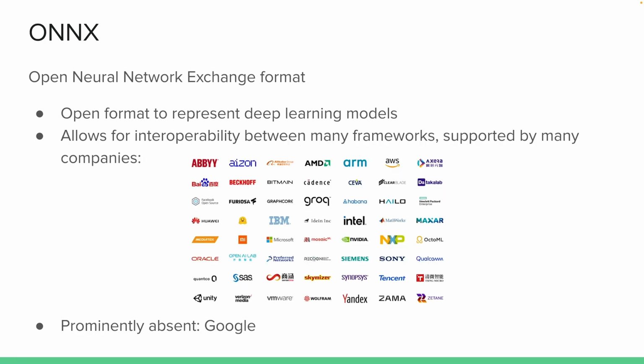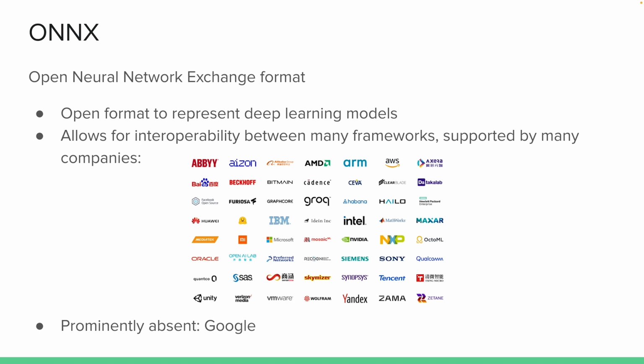Another quite interesting initiative is ONNX, the Open Neural Network Exchange format. It's an open format specification that defines how to represent deep learning models. And the idea is that if you have such an open format, it allows to make deep learning models, trained models, somehow interoperable between many frameworks.